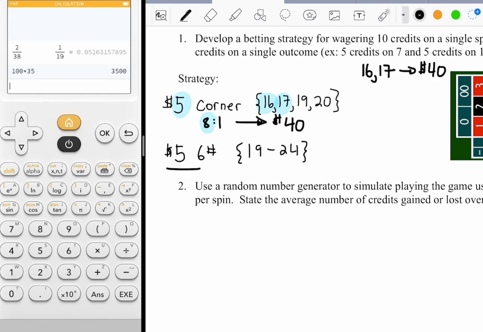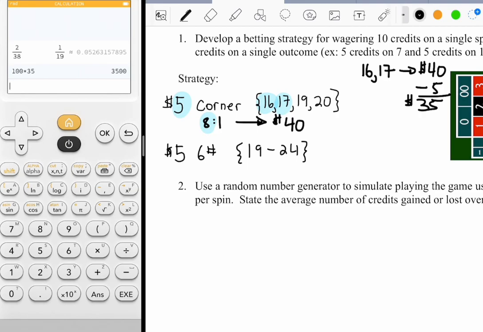Getting a 16 or 17 is one of the outcomes for the corner, but it's not one of the outcomes for the 6-number bet. So I would subtract off $5. My payout for hitting the numbers 16 and 17 would be $35. Winning one means that I would have lost the other.